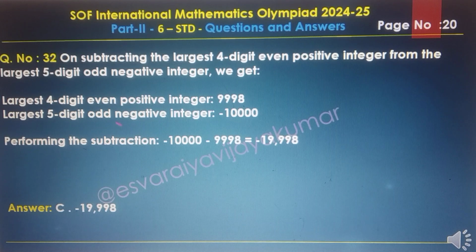The largest 5-digit odd negative integer is minus 10000. Performing the subtraction, minus 10,000 minus 9998, we get minus 19998. Finally, we get the answer, option C, minus 19998. That is the final answer.